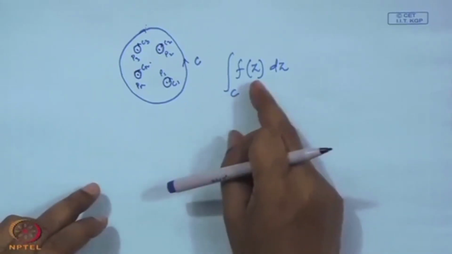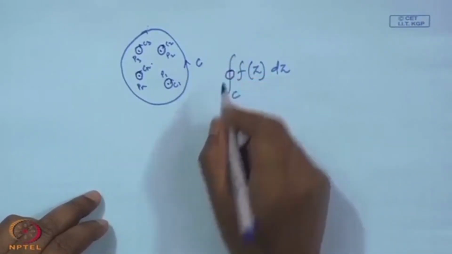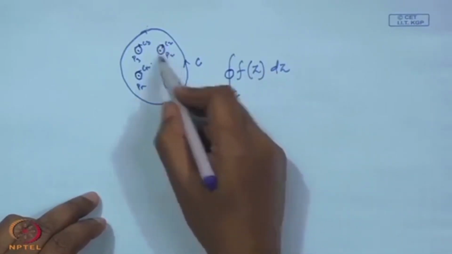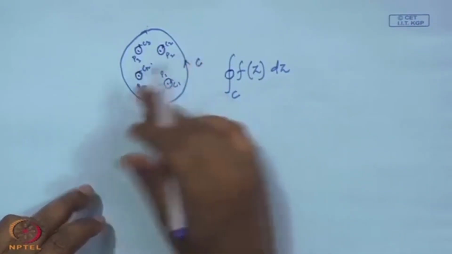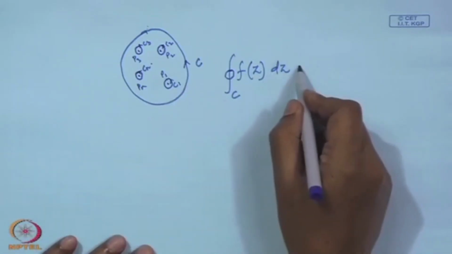So, you see that this integral of f z d z can be written as the sum of the integrations over C 1, C 2, C 3 to C n plus whatever is excluded. Now, in whatever is excluded, the function is analytic. So, that integration is 0 once again. So, what remains is this.